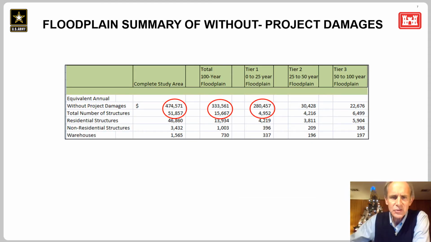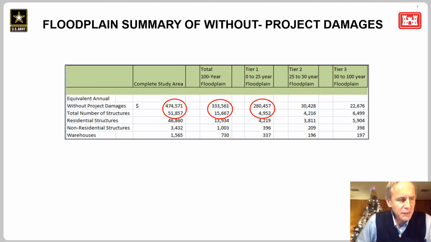Now, how did we get there? Well, we looked at the damages for the entire study area, and you saw there were $474.6 million of damages to almost 52,000 structures. But 70% of those damages were occurring within the 100-year floodplain, to only about 16,000 structures. And 85% of those damages in the 100-year floodplain were occurring within the 0 to 25-year floodplain, to approximately 5,000 structures.